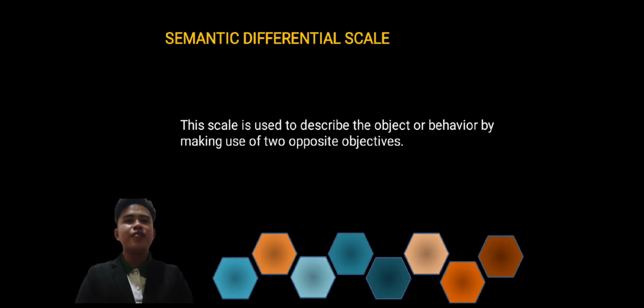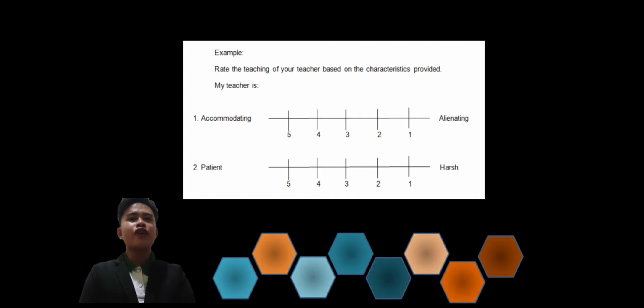And we have semantic differential scale. This scale is used to describe the object or behavior by making use of two opposite objectives. For example, rate the teaching of your teacher based on the characteristics provided. So my teacher is, so we have 1 and 2.